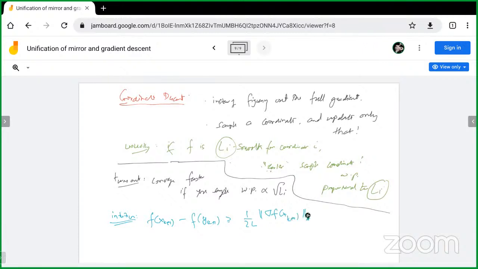This is what we know about gradient descent. And for gradient descent, we know that eta, d_k minus u. This is what we just derived.